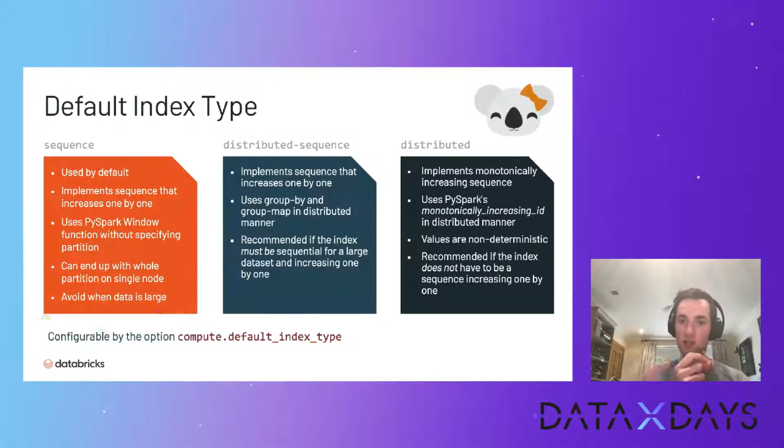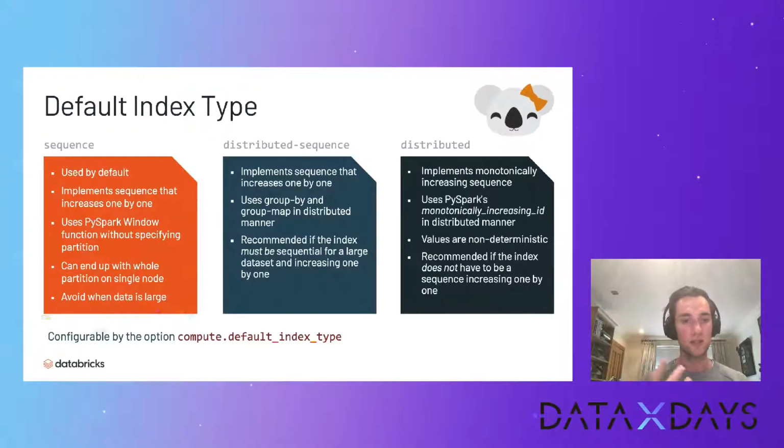Under the hood, it's going to use Apache Spark's window function. However, this is without specifying a partition. And as this is a non-partitioned Spark window function internally, effectively what it means is that all the data needs to be collected on a single node. If this single node subsequently doesn't have enough memory, you're going to run into an out of memory error.